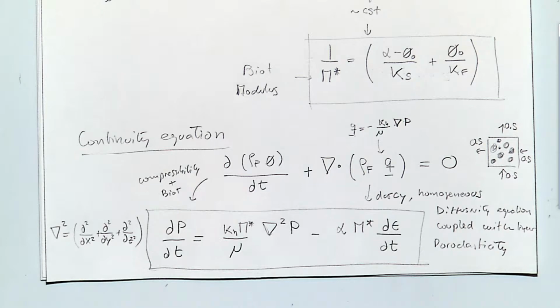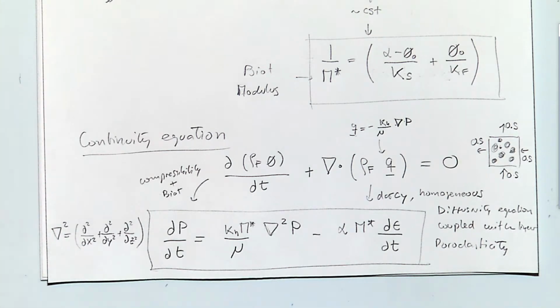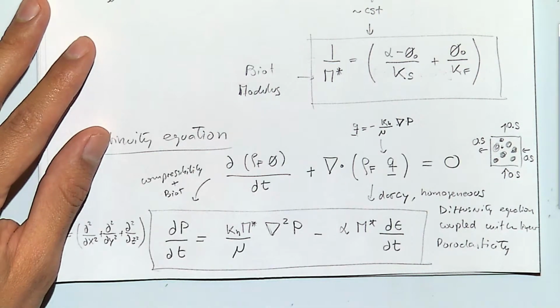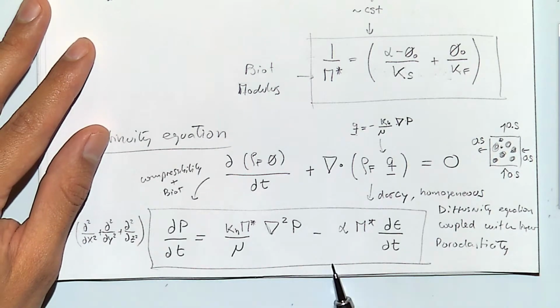All right, so we now have an equation as a function of time. And with this equation, we can solve for transients. We're not going to solve this equation, so don't worry. But I want you to understand what this equation means.